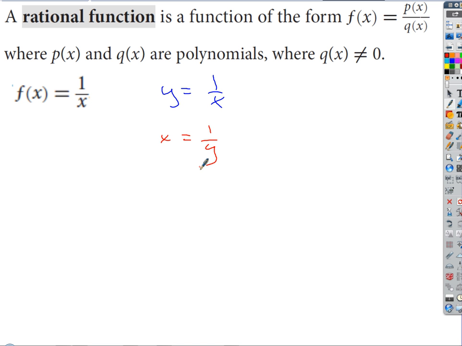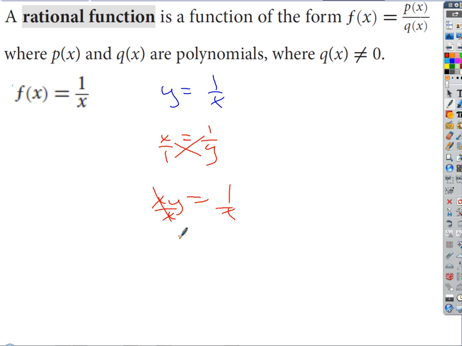And we haven't done this yet, really, but you guys could solve this problem just based on Algebra 1. What would you do if I have two fractions equal to each other? Cross multiply, right? So that's going to give me x times y equals 1 times 1. And then to isolate y, what do I get? I divide both sides by x, right?